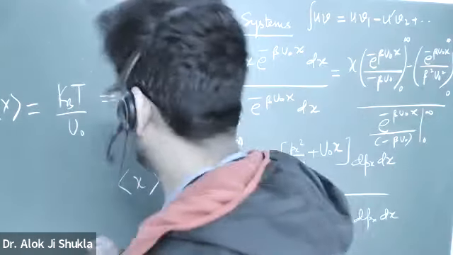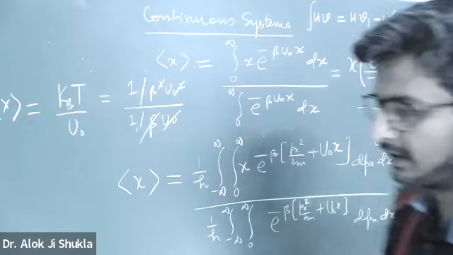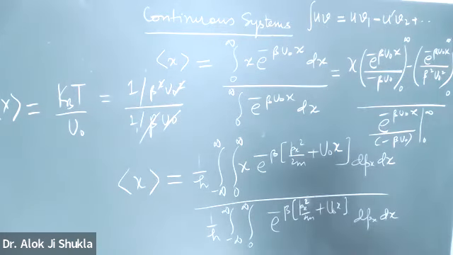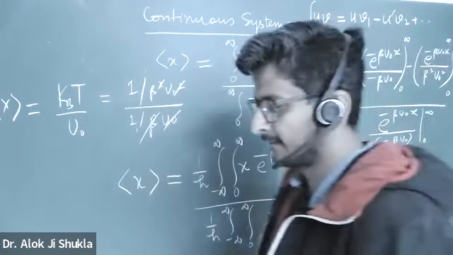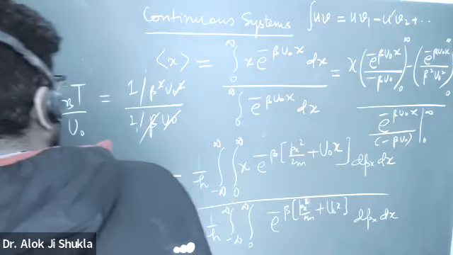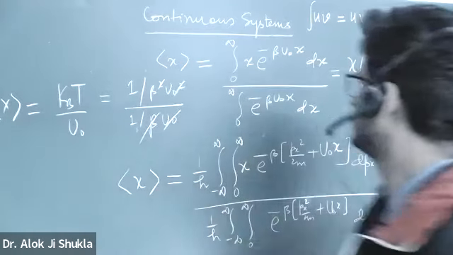And if so, this is how it goes. We got the average value of x. We can calculate the value of u also, the value of partition function, everything. Partition function you can write now for this system. I directly wrote this average value.